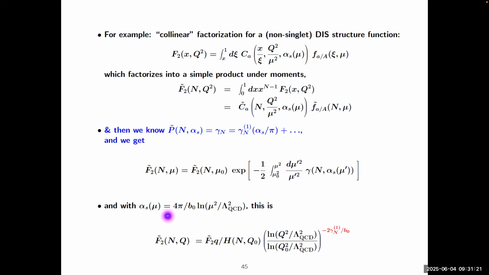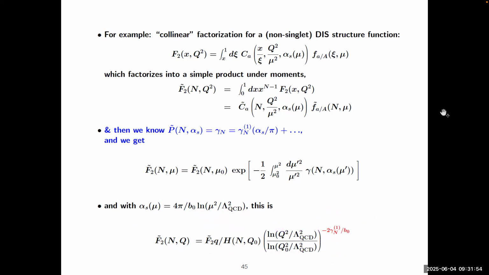So if you put in one loop running coupling, just 1 over b naught log mu squared over lambda QCD squared, you get this explicit prediction for this structure function, the non-singlet structure function, in terms of how it changes with the momentum transfer. A ratio of logs raised to a calculable power.